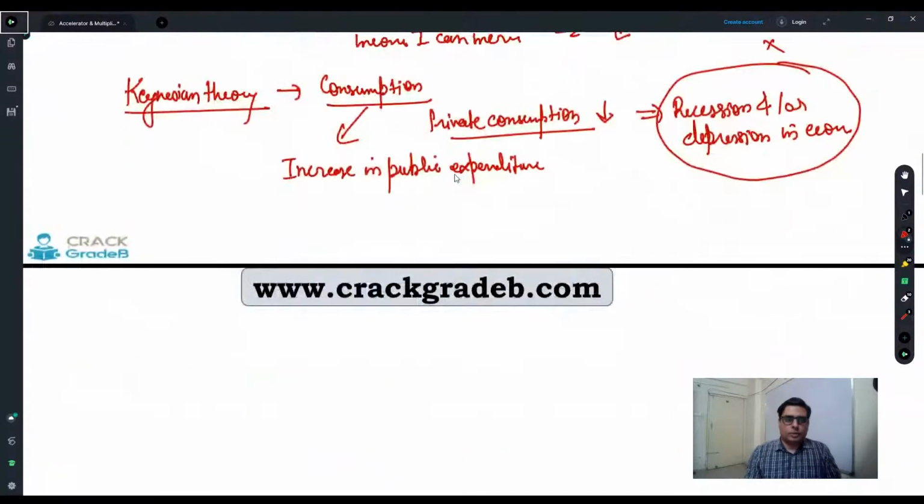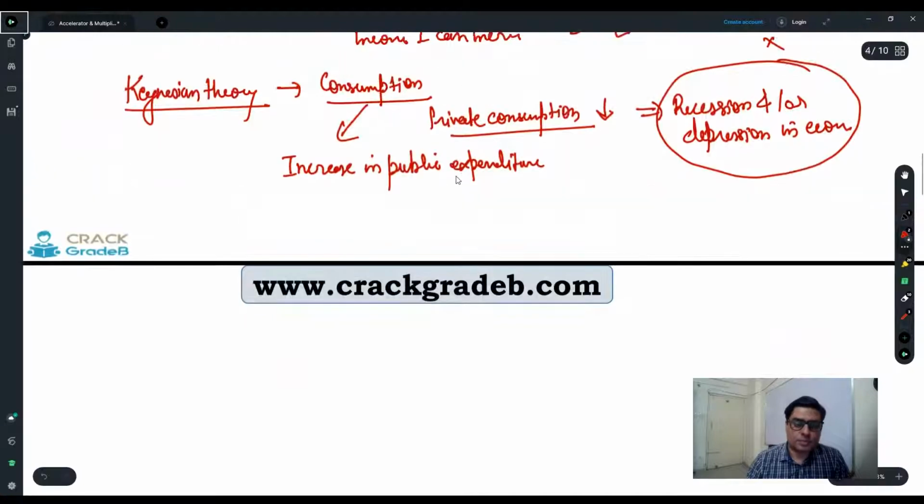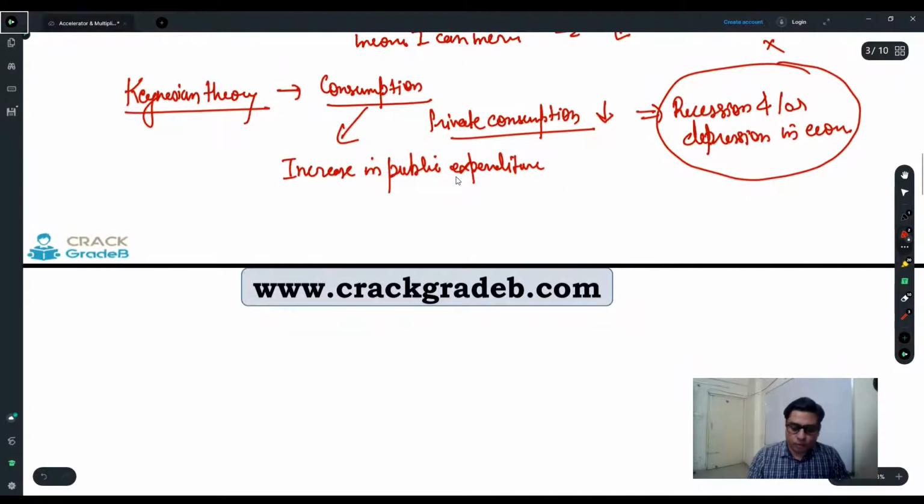So I told you Keynesian theory focuses on what? Consumption, right? And what we say is that if private consumption is low and that is causing recession and depression, increase in the public expenditure, right?